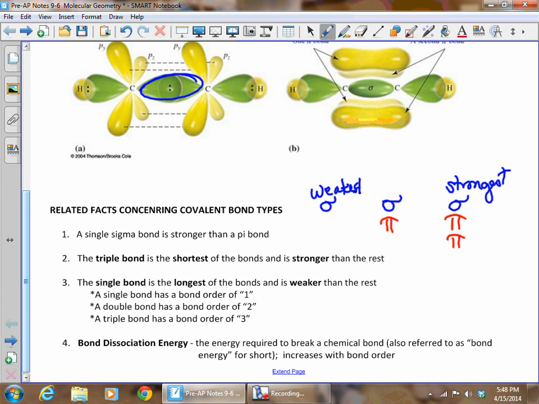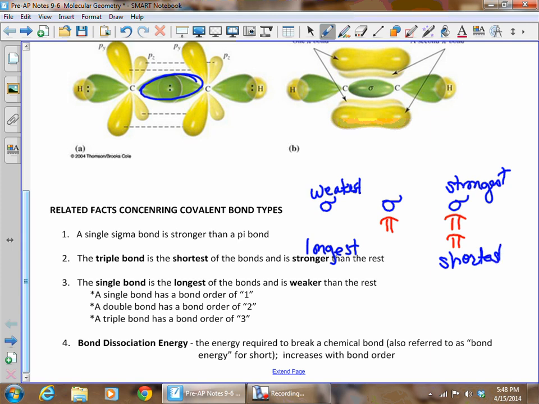Keep in mind the physicality of it. As those pi bonds are formed, you keep having the nuclei of the 2 atoms being forced closer and closer together so that you can stretch those p orbitals across and get them to match up side to side. So the single bond is the longest of the bonds, and the triple bond is the shortest of the bonds.